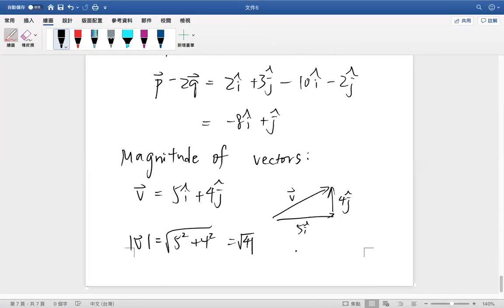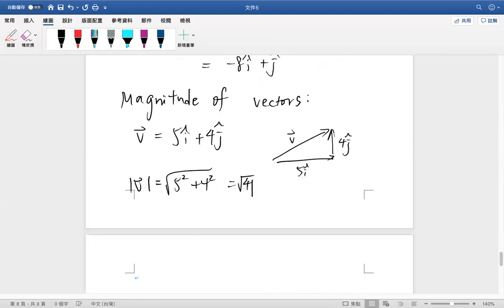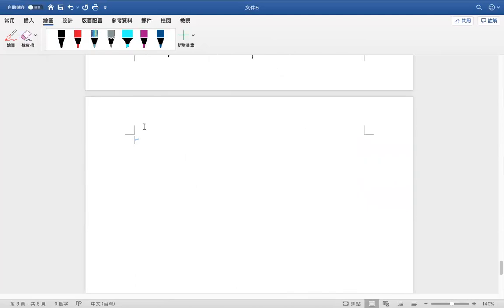And you see in general, if this is A, this is B, then the length of V will be A squared plus B squared, square root. So that's how you work with vectors under a Cartesian coordinate.